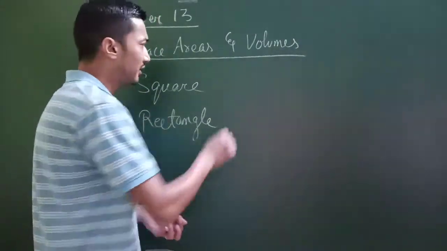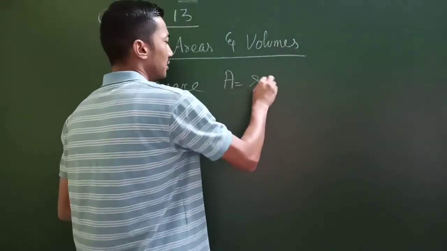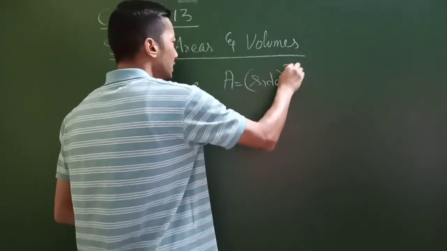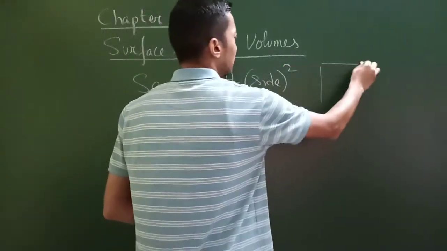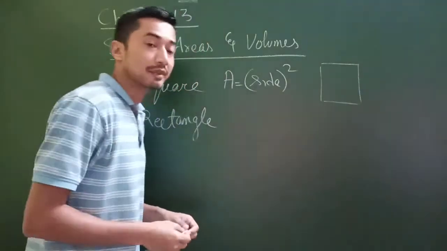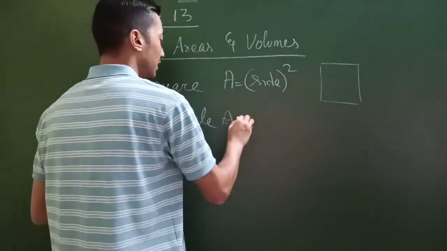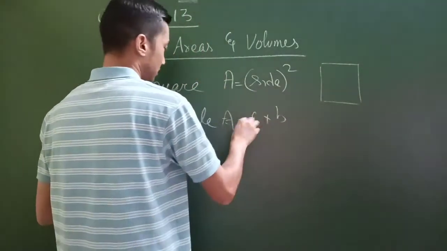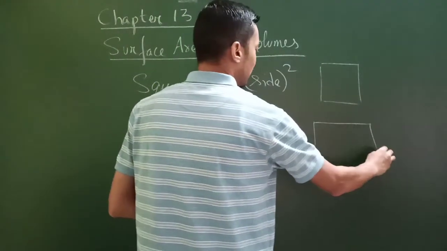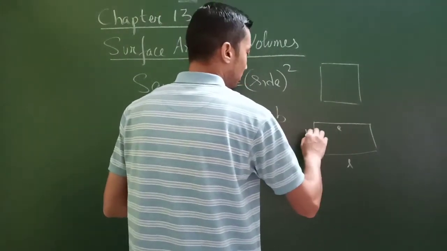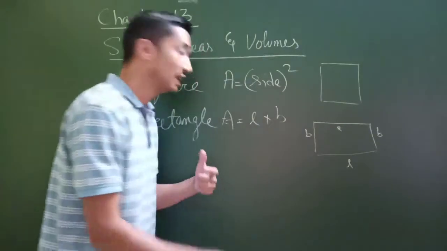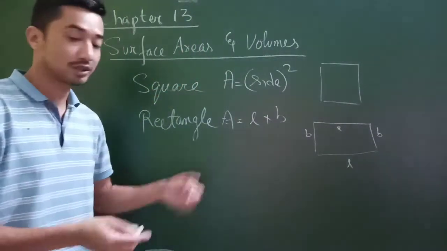Generally, the area of the square is side into side, because in the square all the sides are supposed to be the same. Then of course the rectangle, the area was length into breadth. A rectangle is generally where the opposite lengths are the same and the breadths are the same.